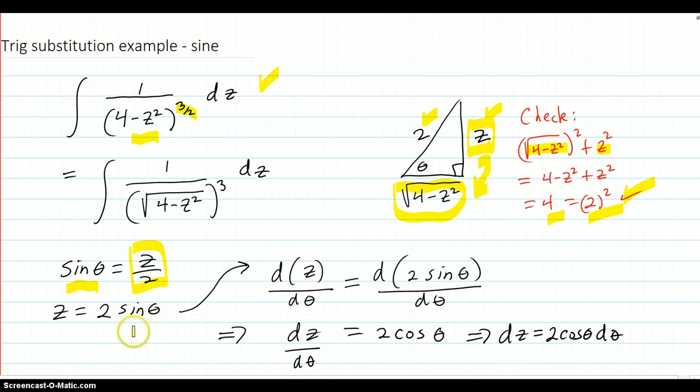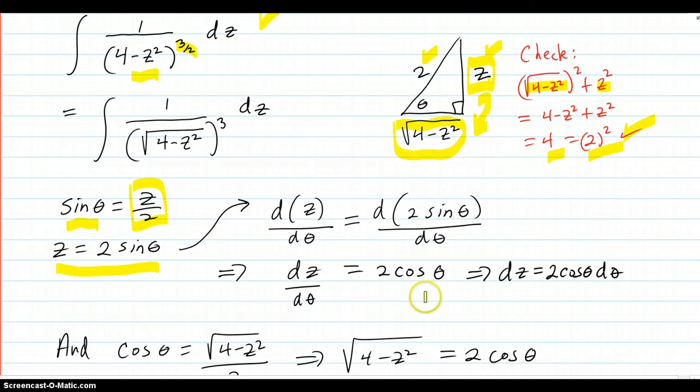That means that z is 2 times sine theta. So take the derivative of both sides with respect to theta. So this is dz d theta on the left. The derivative of 2 sine theta with respect to theta is 2 cosine theta. So that means that if you multiply the d theta over, you get this relationship here.